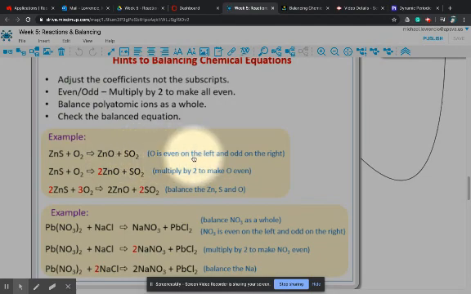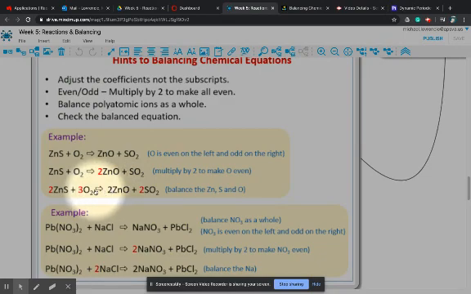So we have an even number on the left, but an odd number on the right. So first start off by adjusting the coefficients to try to make the right side add up to an even number. So if we put a coefficient of 2, now we have 2 plus 2 gives us 4.